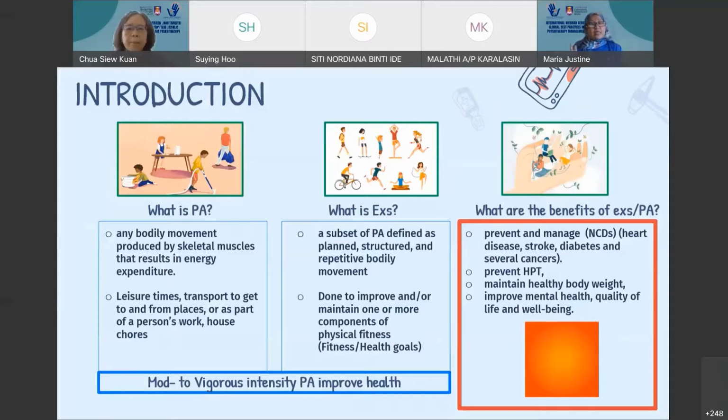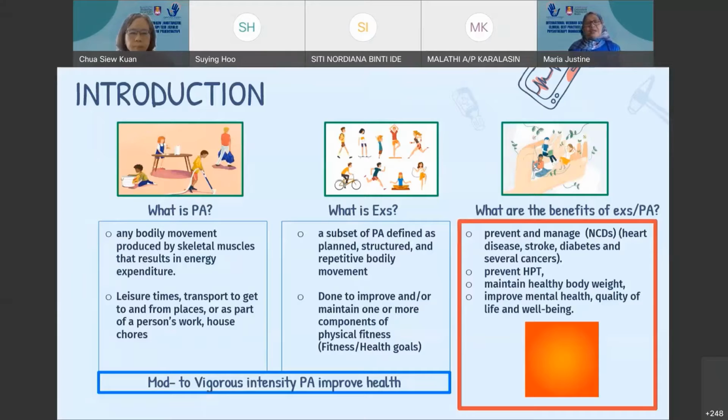Exercise is actually a subset of physical activity, defined as planned, structured, and repetitive bodily movement. Physical activity and exercise result in energy expenditure. Unlike typical physical activity, exercise is planned and normally done to improve or maintain one or more components of physical fitness or any of the health goals.